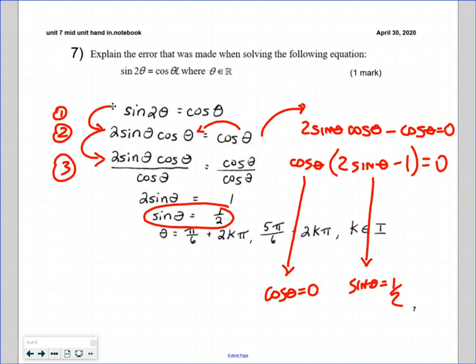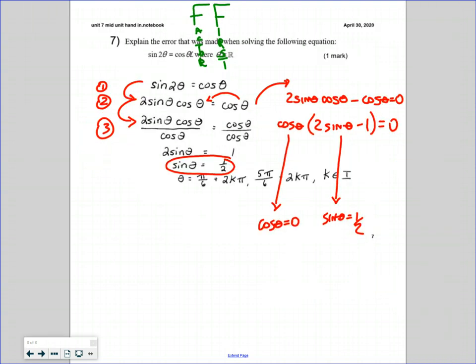So the moral of the story is FF, factor first, always. Okay, so let's finish the question. So cos theta equals 0, well, that occurs at pi over 2 and also at 3 pi over 2 in one rotation.